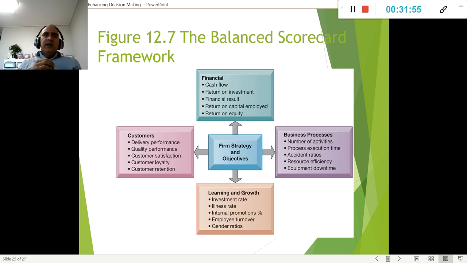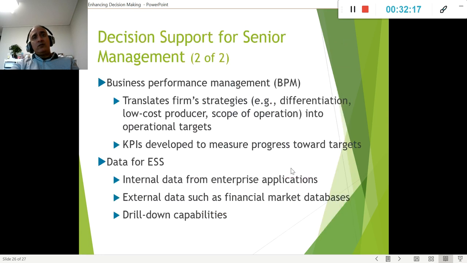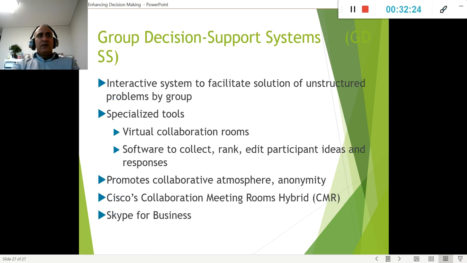We can generate data to support how much money I'm spending, which processes I'm changing, which R&D I'm doing, or how I'm treating my customers. It could be in many areas, and it is just supporting the decision you're taking. If I have a strategy and I'm going to change something, I will support it with data. In the end, that is pretty much what we have in there.